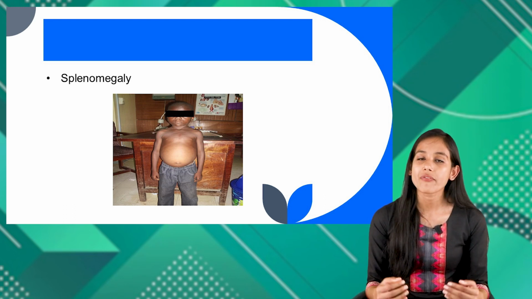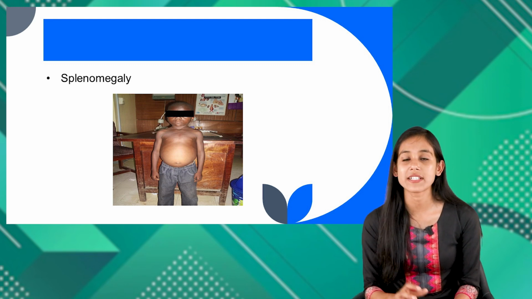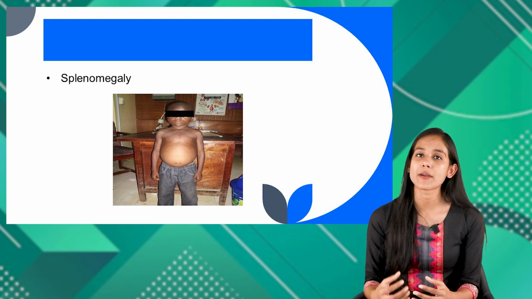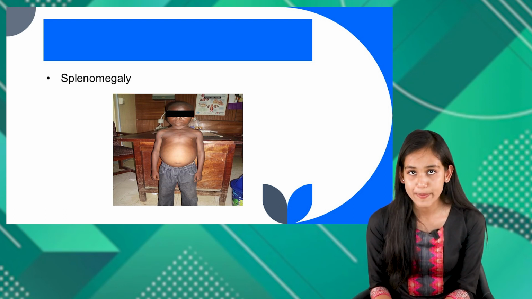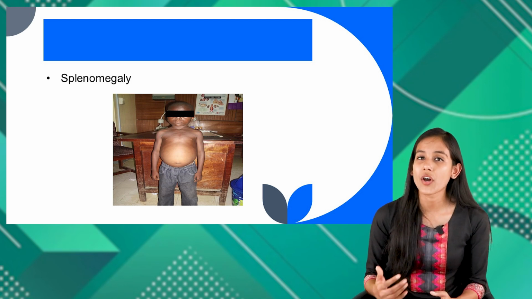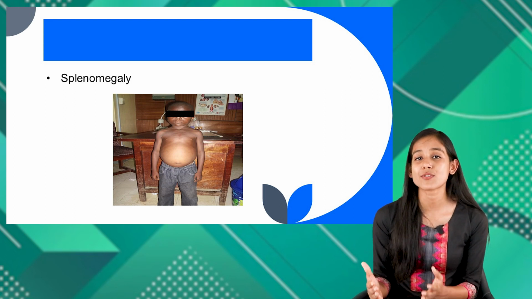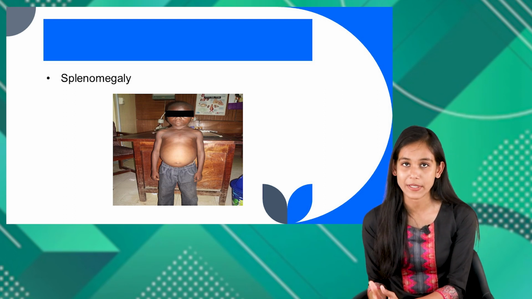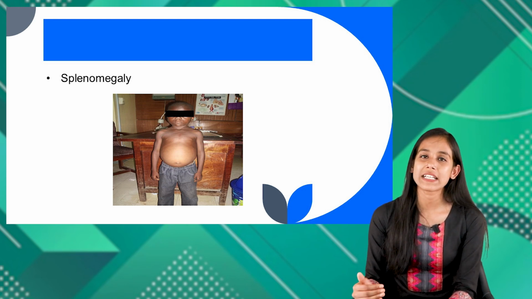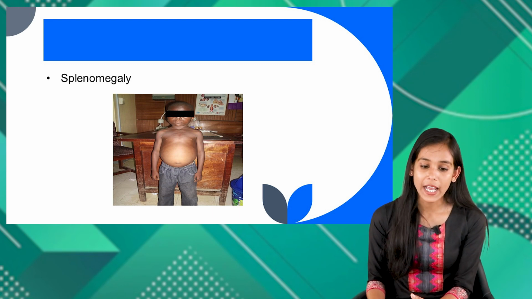The spleen would filter out all the RBCs. Whatever good or healthy RBCs are there, the spleen would certainly keep, and the unhealthy RBCs would be destroyed by the spleen. So you can understand that the spleen has to work much faster, because it has to destroy all these unhealthy RBCs, right? And that is the reason the spleen is actually overworking. So because of that, there would be splenomegaly.